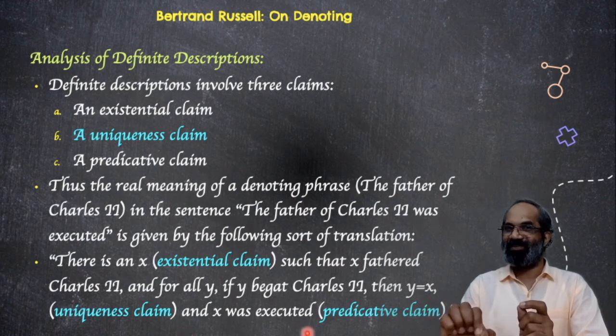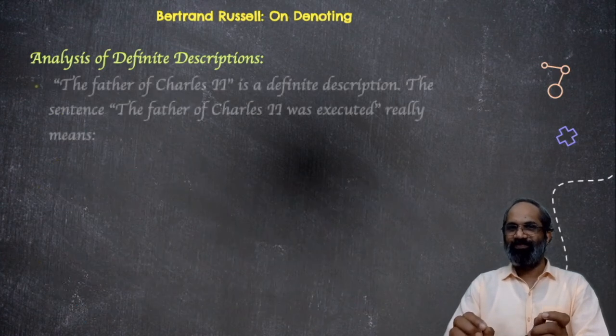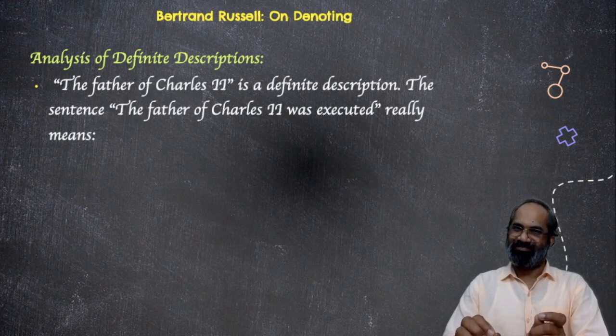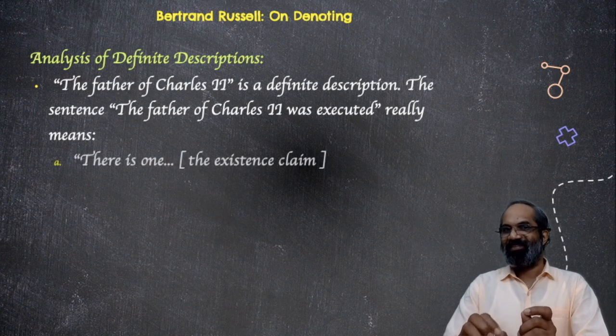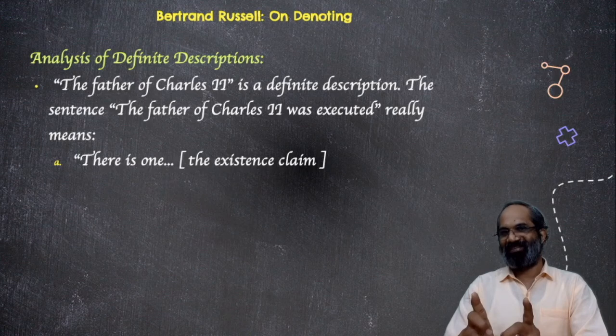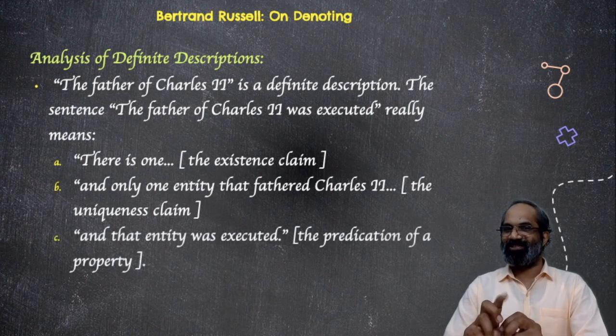That is the predicative claim. So we can see that "the father of Charles II" is a definite description. The sentence "the father of Charles II was executed" really means that, first, there is one X, the existential claim; only one entity fathered Charles II, the uniqueness claim; and that entity was executed, the predicative claim.